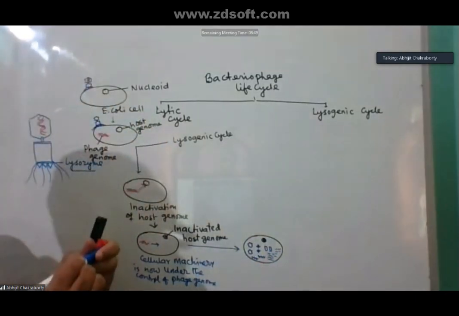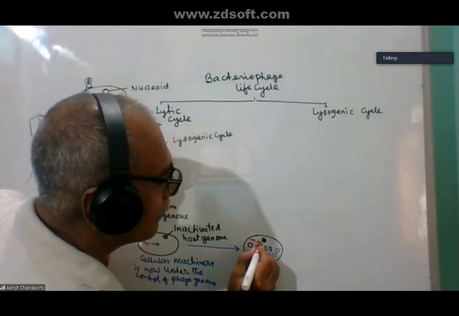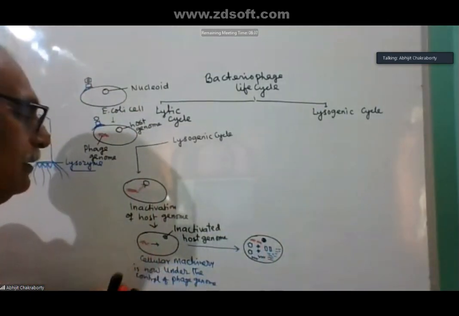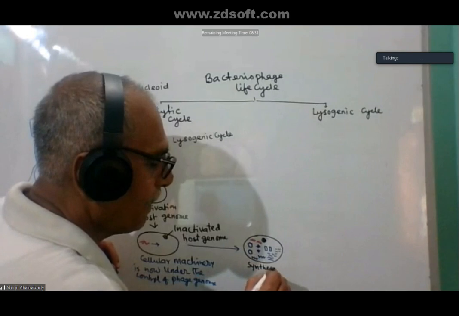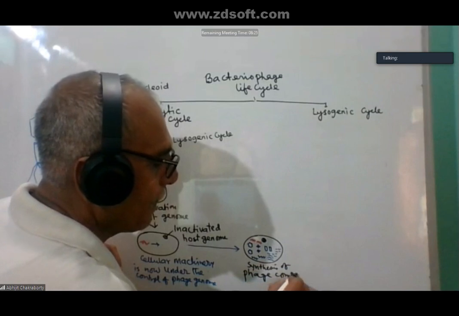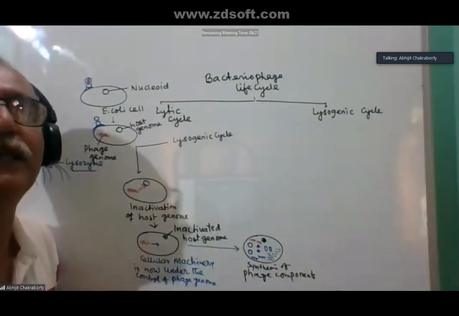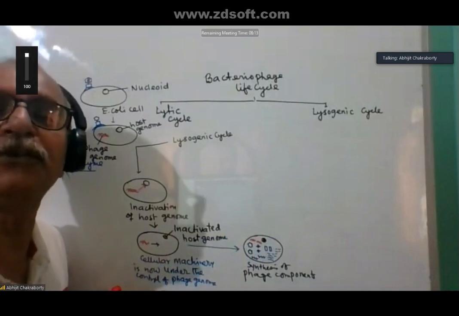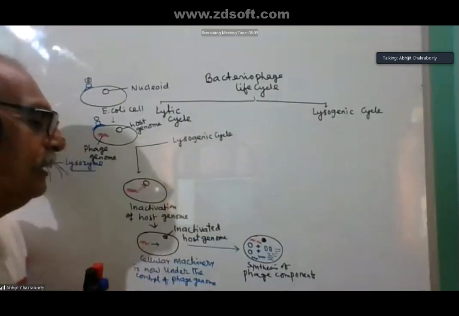Tail fibers are formed. Even phage DNAs are formed. So, in this stage what happens? Synthesis of phage components. Here you see they all are synthesized like non-living things, like a computer, like a laptop, like a mobile machine. Different parts are produced. No living thing can reproduce like this.